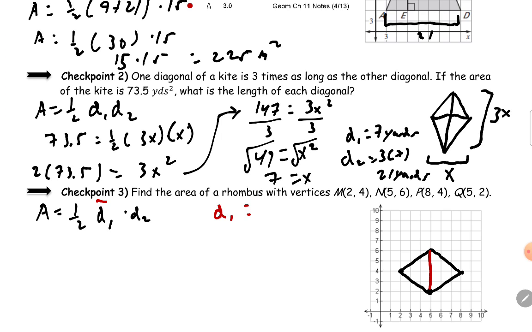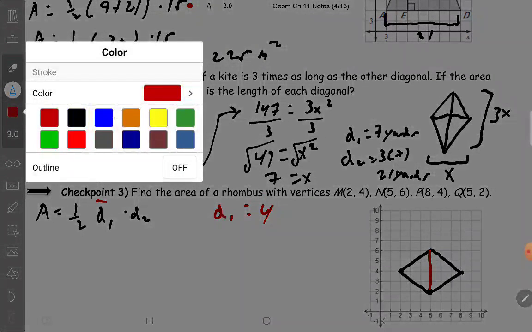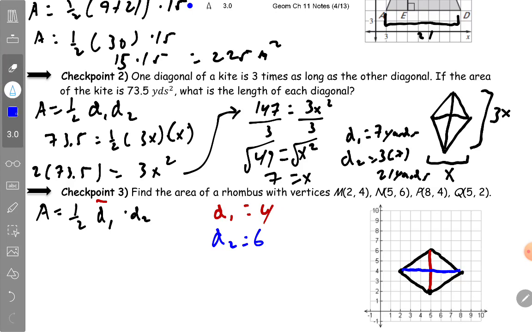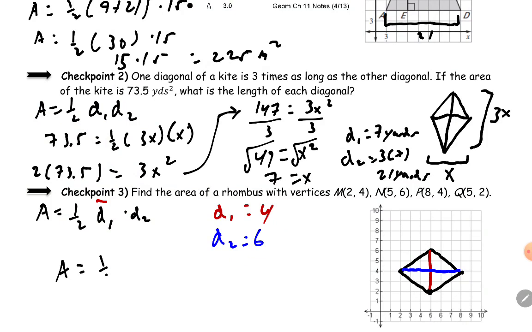Diagonal 1, we can count to be 1, 2, 3, 4. Diagonal 2 is 1, 2, 3, 4, 5, 6. So now I can plug it in my formula here. Area is 1/2 4 times 6, which is 2 times 6, which is 12 square units.